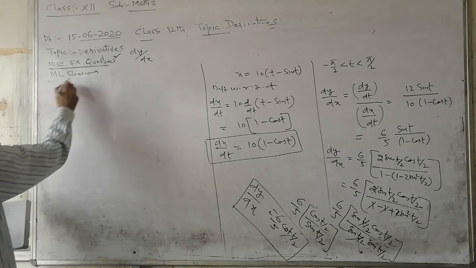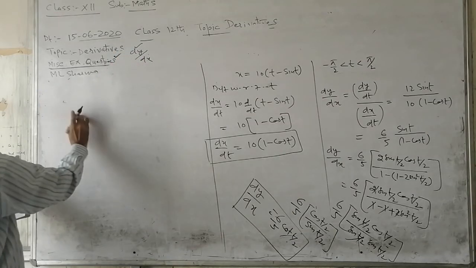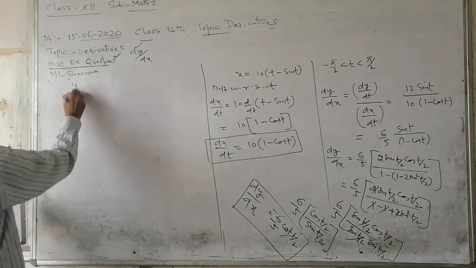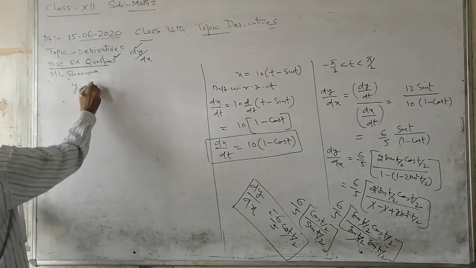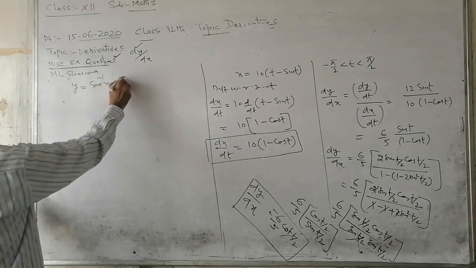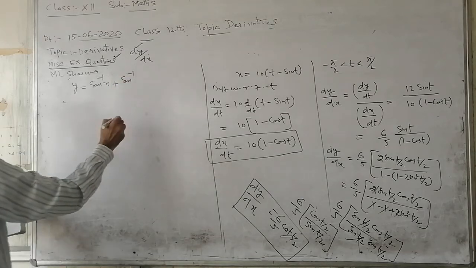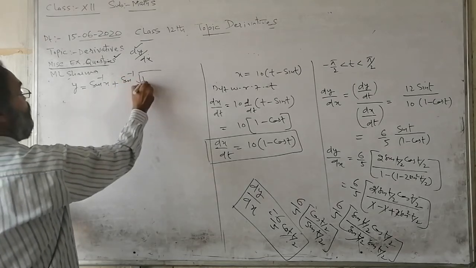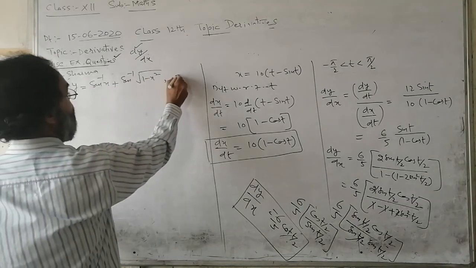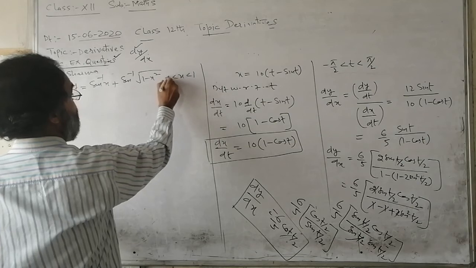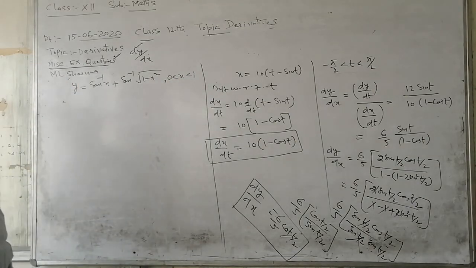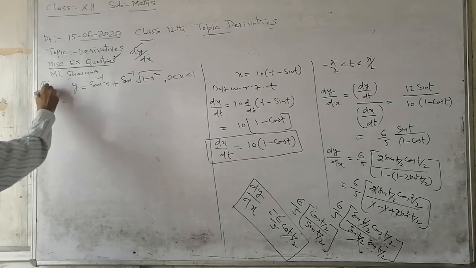The question is again that the value of dy upon dx is to be found out, and the question says y is equal to sine inverse x plus sine inverse under root of 1 minus x square. The value of x lies between 0 and 1. So this is the 20th question and last question.